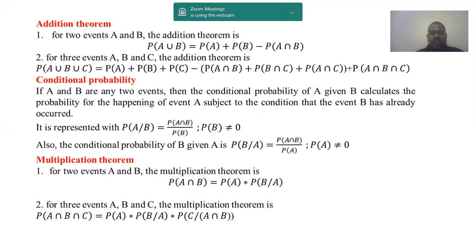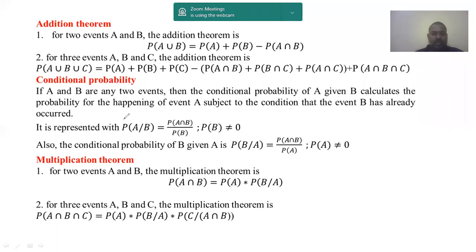In a simple way, B has already happened and A is going to happen. Let us consider B is the past event and A is the present event. When we represent the present event over the past event, we call it conditional probability. So probability of A over B is equal to probability of A intersection B over probability of B.